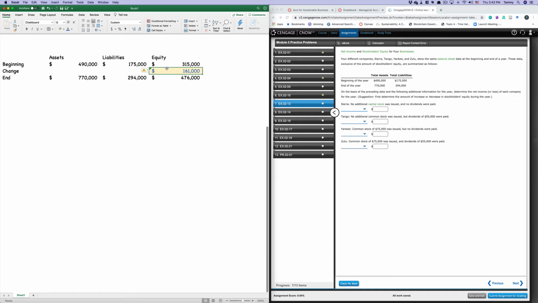Okay, so where did that increase come from? How do you increase stockholders' equity? Well, remember that equity is retained earnings plus shareholder, we'll call it shareholder investment or stock.